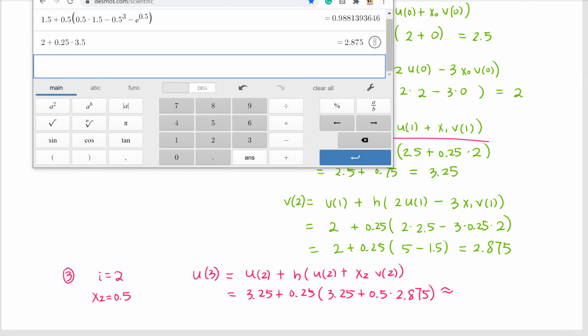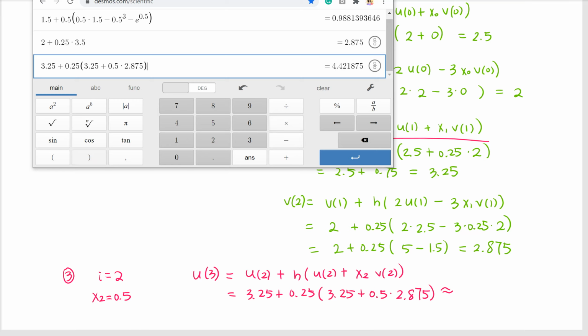Let's see, 3.25 plus 0.25 times (3.25 plus 0.5 times 2.875).